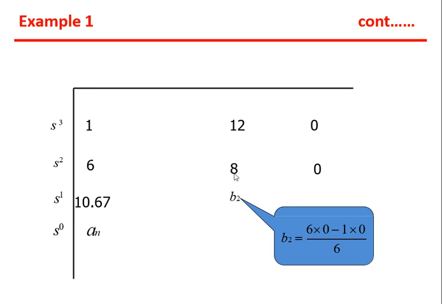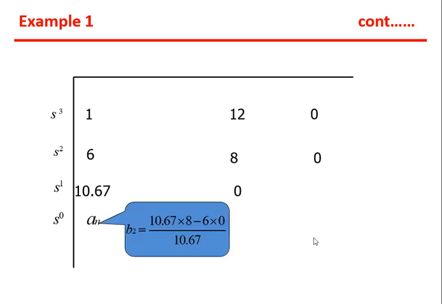Don't get confused over here, don't take this 8 as the denominator. So this B2 will be 6 into 0 minus 1 into 0, so the result will be 0 minus 0, which is 0. Yes, it will be 0. Now we have to calculate this AN over here.